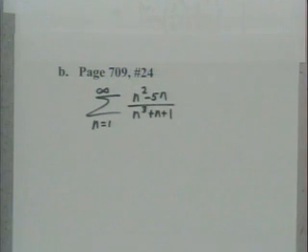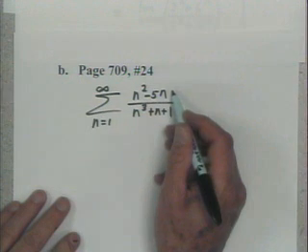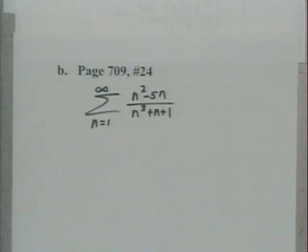Okay, now when you pick your P series, you should always pick the one that has what? Guess. I mean, I have n squared, I have n to the first, I have n cubed. What should I use for my comparison P series? N to the first, n squared, or n cubed?